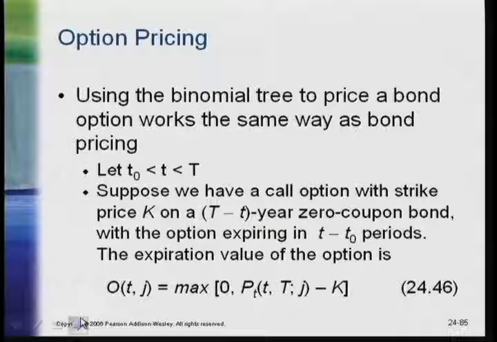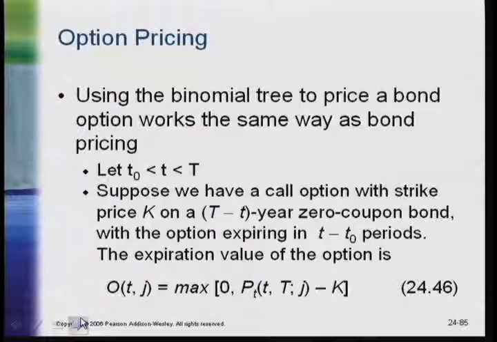Well, if we have a binomial lattice, and let's say that we have a 3-year call option on a 2-year 0. At the end of 3 years in our lattice, we can observe what all the prices are of 2-year zeros at that time. In each one of the states at time 3 years, we will have the price of a 2-year 0, which we can calculate using the methods we've seen.